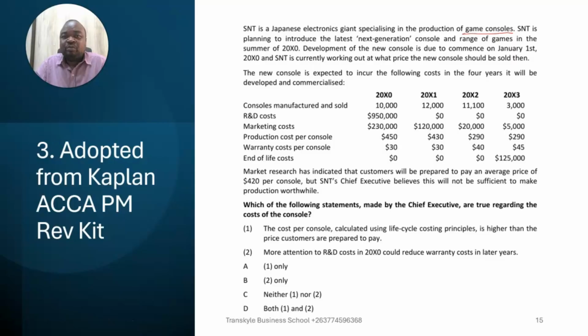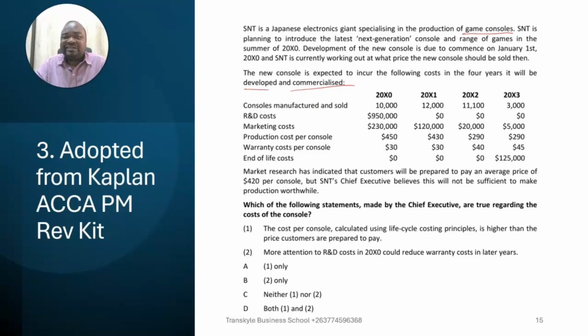CNT is planning to introduce the latest next generation console and range of games in the summer of 2020. Development of the new console is due to commence on January 1st, 2020, and CNT is currently working out at what price the new console should be sold then. The new console is expected to incur the following costs in the 4 years it will be developed and commercialized. So, from development to commercialization.